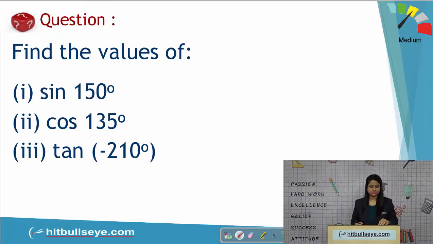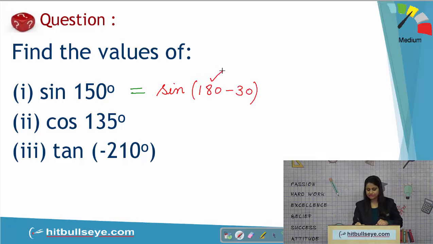Now moving to questions. It says find the value of sine 150 degree. Of course, this is a bigger angle. 150 can be written as 180 minus 30. This is an even multiple of 90, so the T ratio will remain the same.